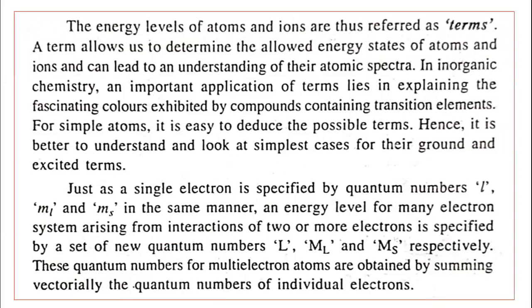Therefore, the energy levels of the atoms and ions are referred to as terms. To derive the term is very important. A term allows us to determine the allowed energy states of atoms and ions to understand their atomic spectra.